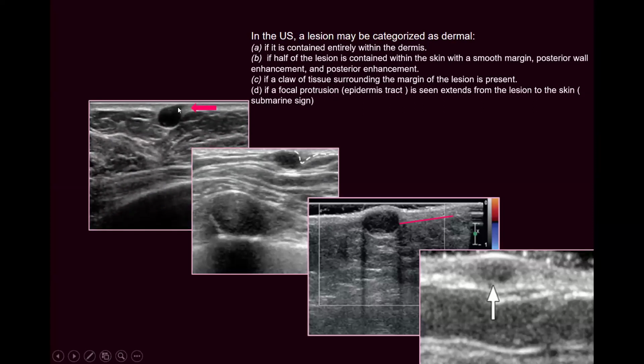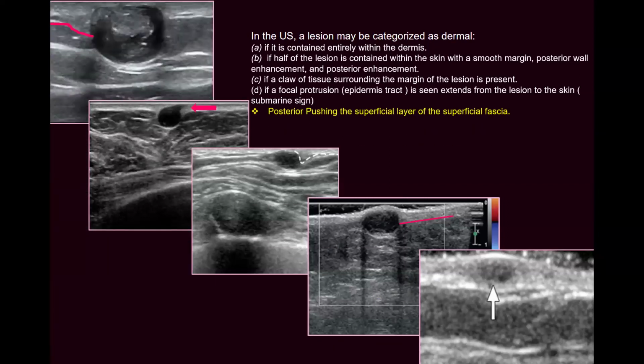And the smooth, now we can say smooth epidermal tract. The lesion itself is smooth, and there is a smooth epidermal tract, or these features are reassuring of just a dermal cyst, either an epidermal inclusion cyst or a sebaceous cyst.